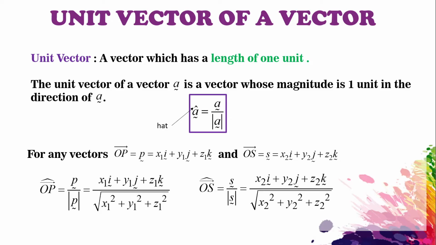The formula of the unit vector of a vector A is A hat equal to vector A divided by its magnitude. By using the formula of unit vector, for any vectors OP and OS, the unit vectors of OP and OS are like the following.